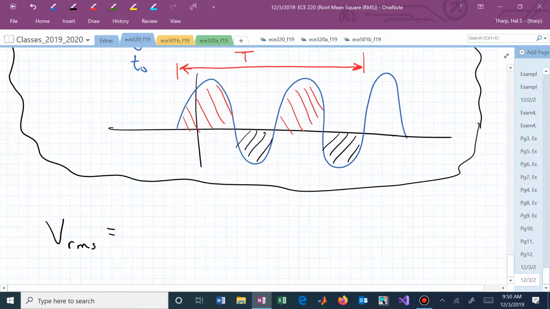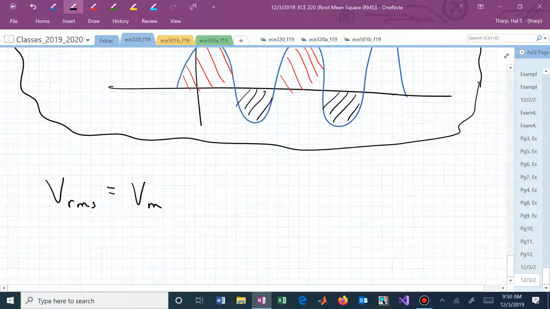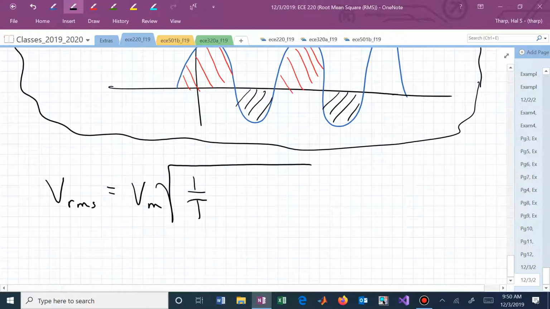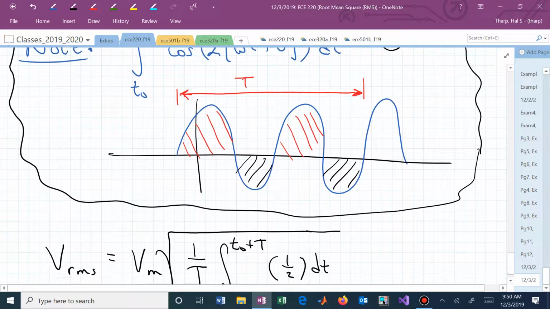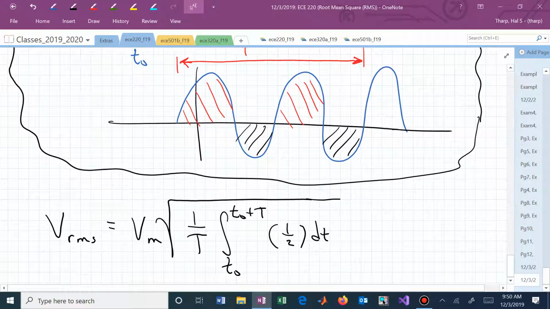I now have v sub m, and I have the square root of 1 over T integral from t0 to t0 plus capital T of 1/2 dt, since that circled note is supposed to have convinced us that that cosine of 2x piece doesn't influence or impact the result.